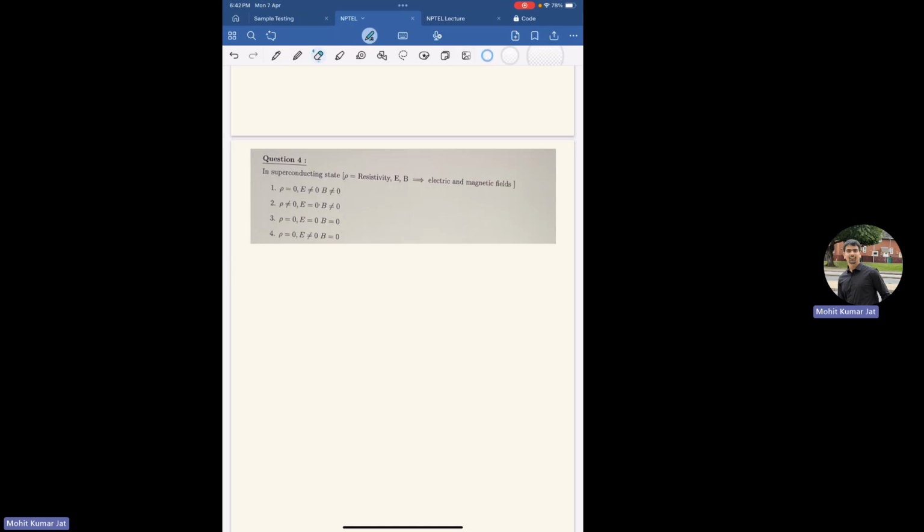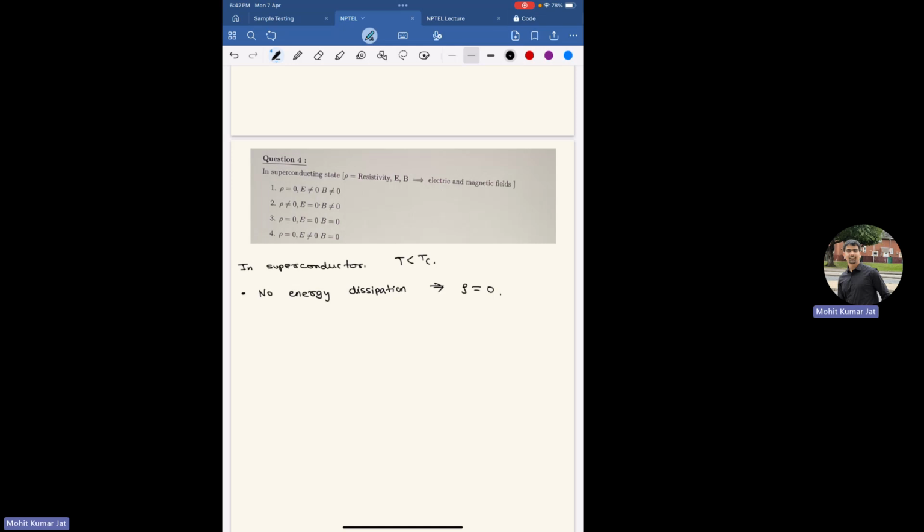So in superconductor, we know that there is no dissipation. If there is no dissipation in superconductor, T less than Tc, no energy dissipation. This implies rho is equals to 0, because resistance is what?